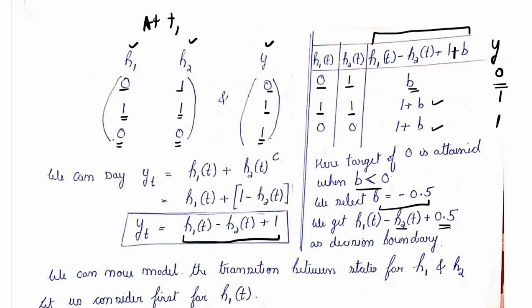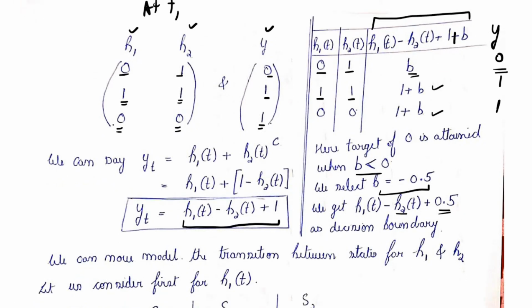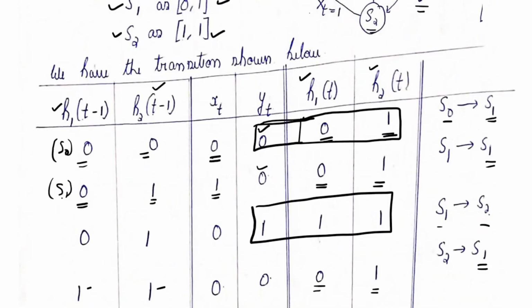Now we proceed further to see how the transition is happening between the states h1 and h2. Now we created this table. This table helped us in finding the relationship between h1, h2 and y. Now we will proceed further to understand how the h terms are related to each other with different time frames.